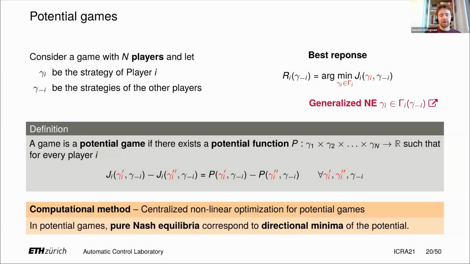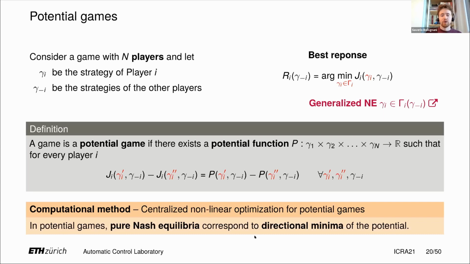So if you know that your game is a potential game, then your problem of finding Nash equilibria, which in general is a complicated problem, becomes a nonlinear optimization problem, for which, I would say, a large toolbox of methods exists. I'm not saying it's necessarily much simpler, but it's definitely a well understood problem.